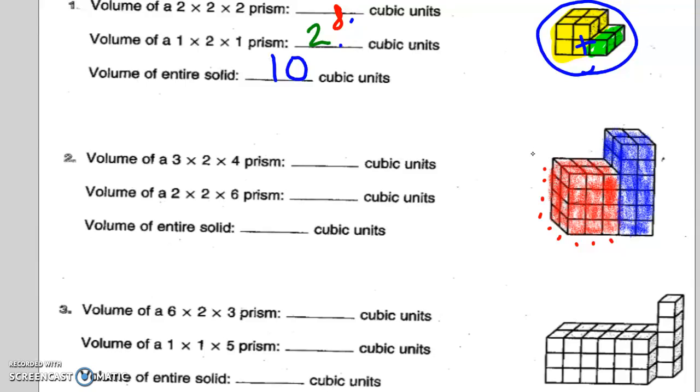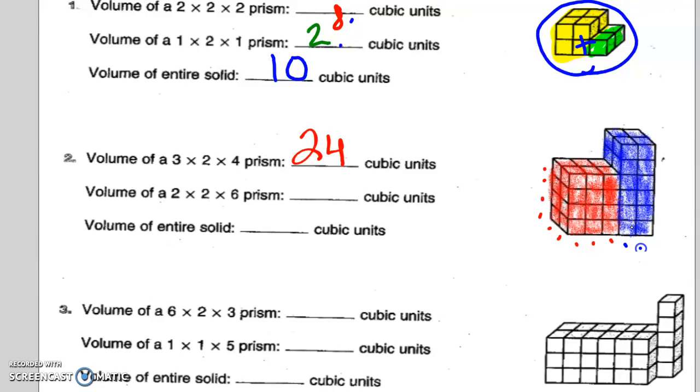I think we can see that the very first formula at number 2 matches our red prism. So a prism that is 3 by 2 by 4 has a volume of 24 cubic units. The prism on the right, that's colored in blue, has different dimensions.